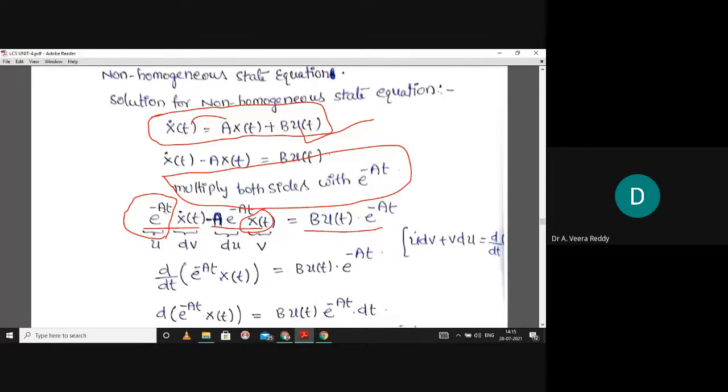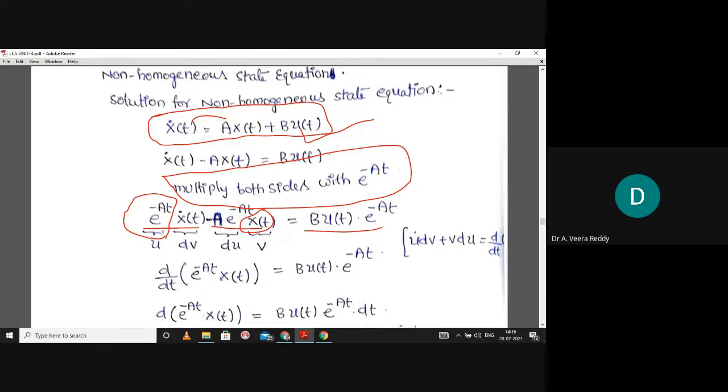Whenever e power minus at is u, du means minus a e power minus at. So if you see the LHS, it is in the form of u dv minus v du.